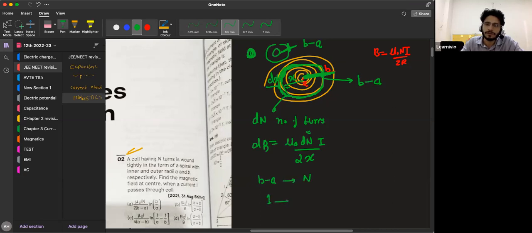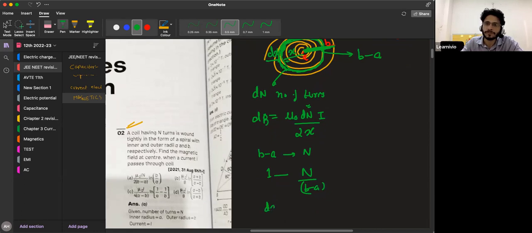In unit length, you will have N by b minus a turns. In dx length, you will have N by b minus a multiplied by dx.